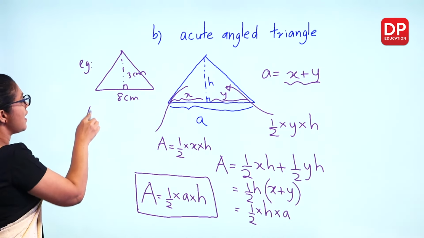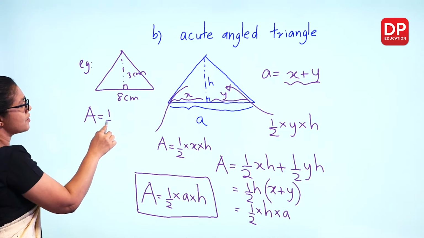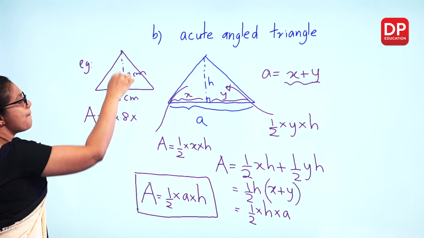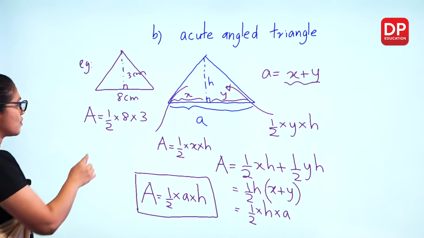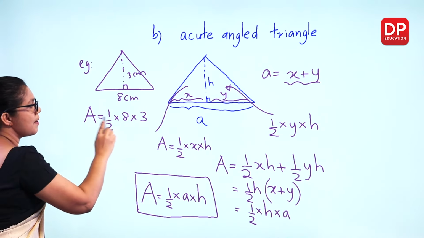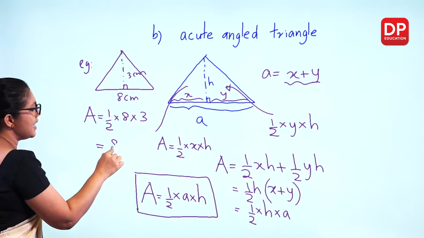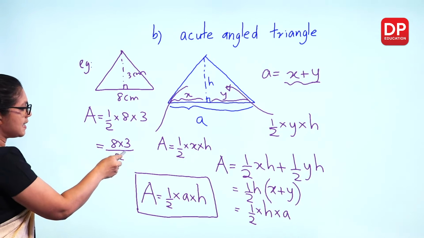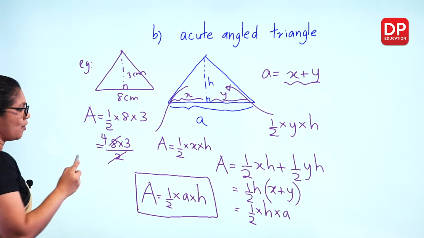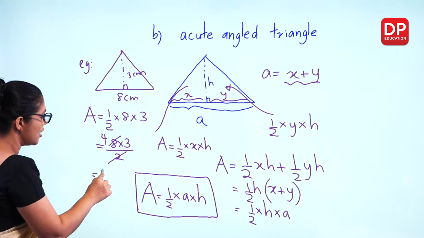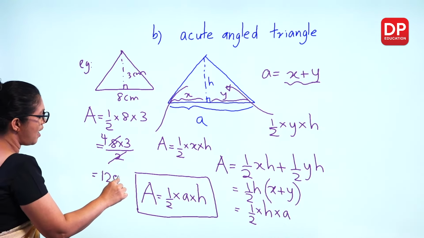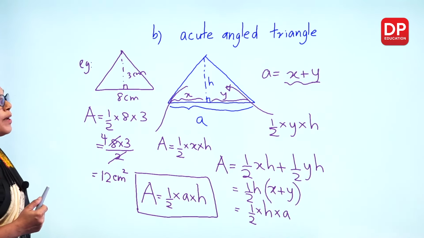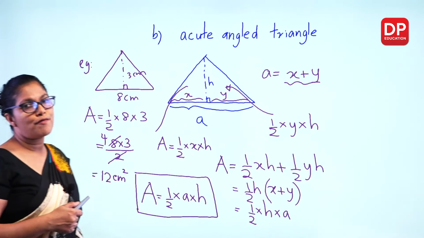You can straight away write area is half times the base length times the perpendicular height. So how can I simplify this? First multiply the numerator, 8 times 3 and divide by 2. So you can simplify 2 times 4, 4 times 3, you get 12 square centimeters.